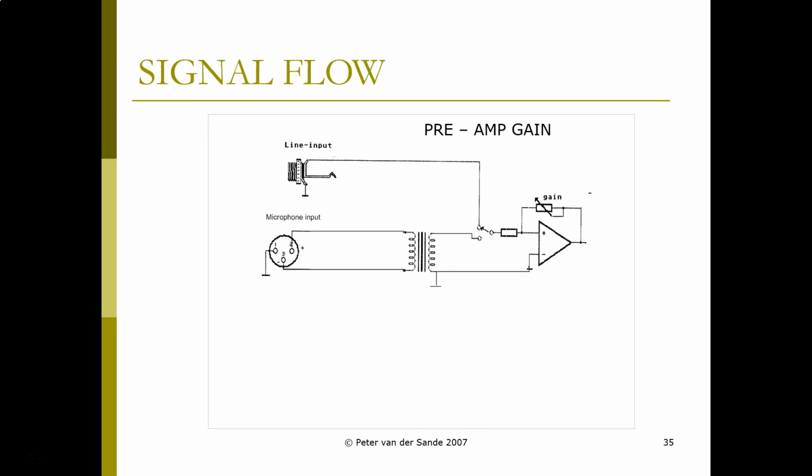Now notice we're feeding some of the output of the amplifier back to the input, which is going to allow us to increase the gain of the signal, either the microphone or the line, depending on the position of the switch. Gain, again, as we mentioned in the last video, is an active level adjustment process.